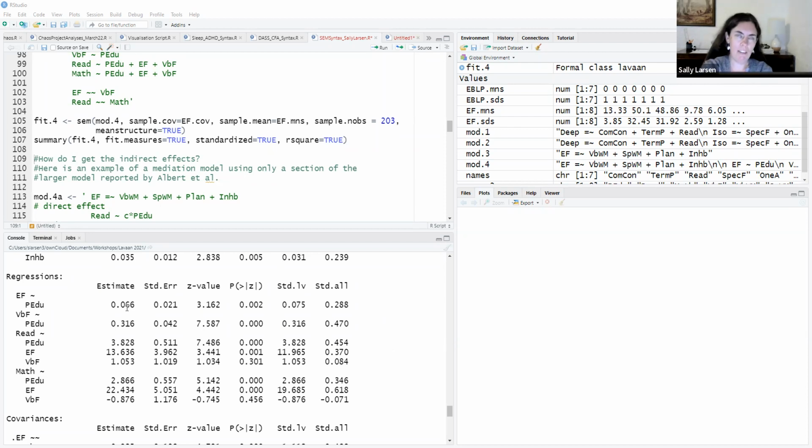People probably have really strong opinions on this, but I like standardized variables because even if a pathway is significant, quote unquote, the effect can still be small.